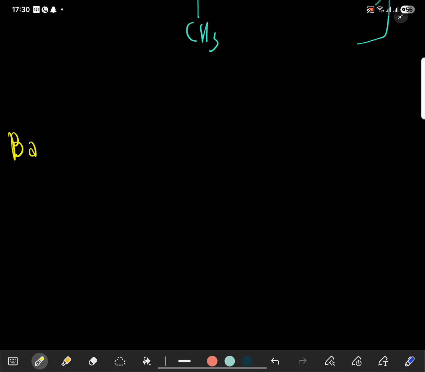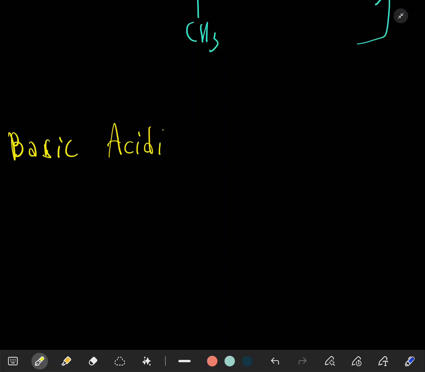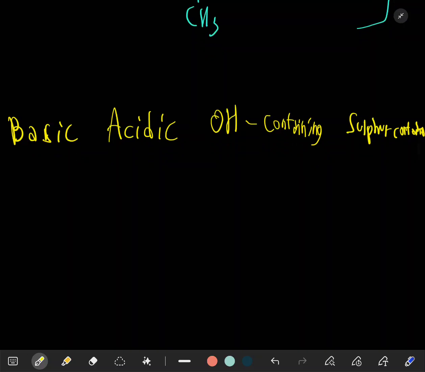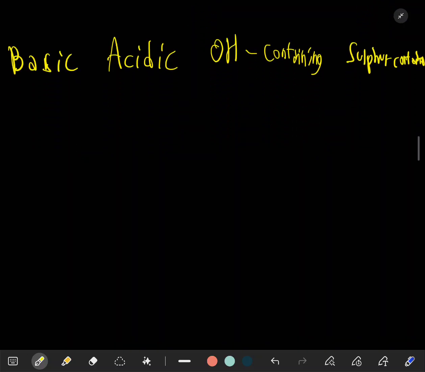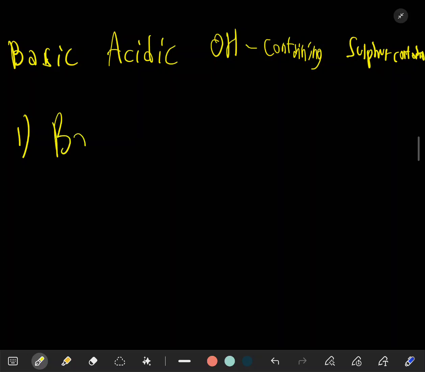First we have basic, then we have acidic, then the third is our OH containing, then we have our sulfur containing. So now we're gonna go step by step to learn these. So first we're gonna do our basic.